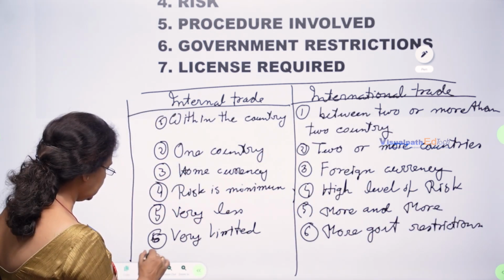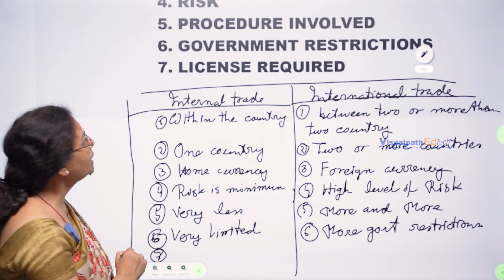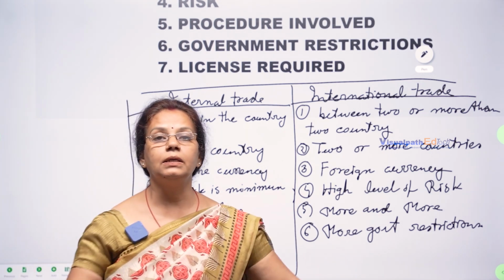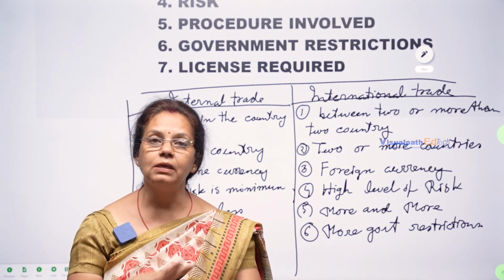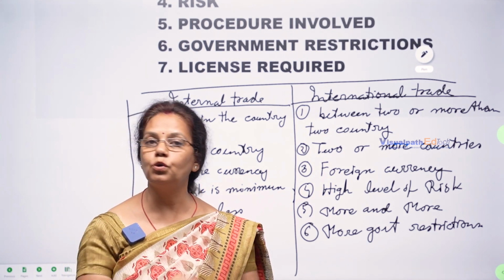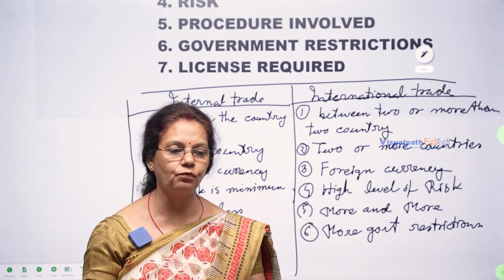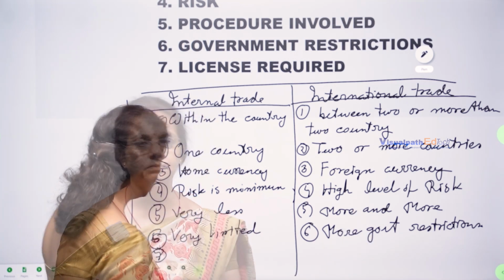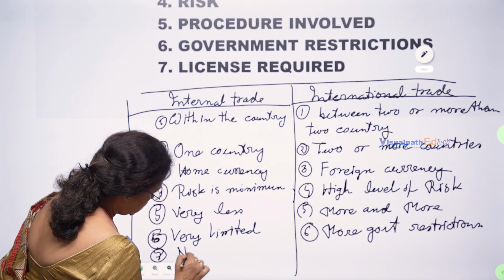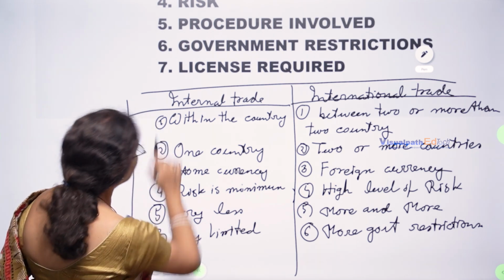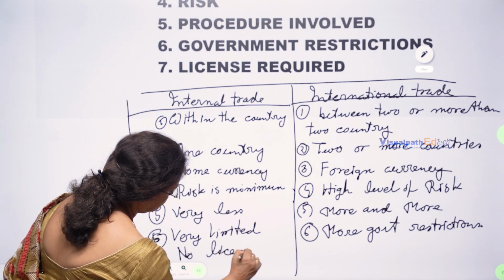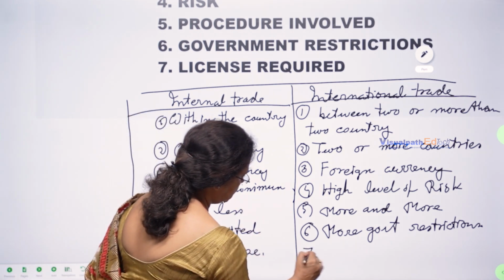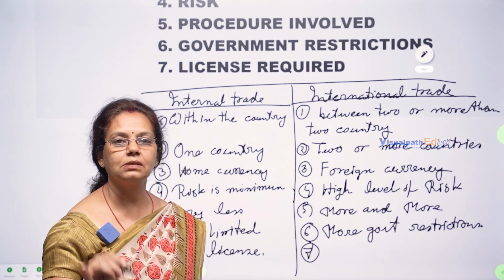And lastly, what is that? License required. There is no license required for internal trade; we don't need any permission from the government, so there is no requirement of a license. But in case of international trade, a license is a must.